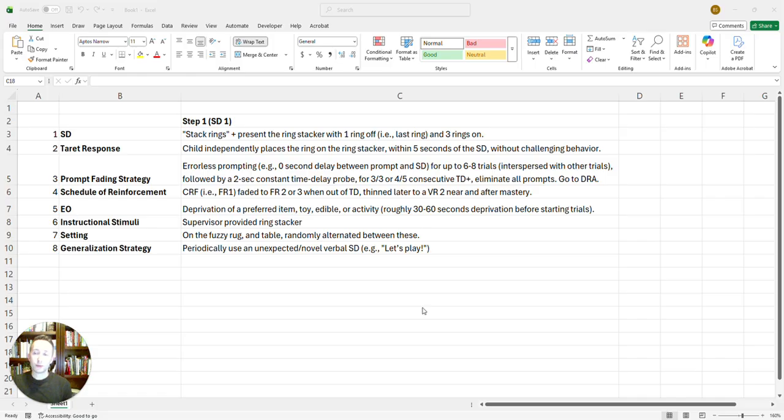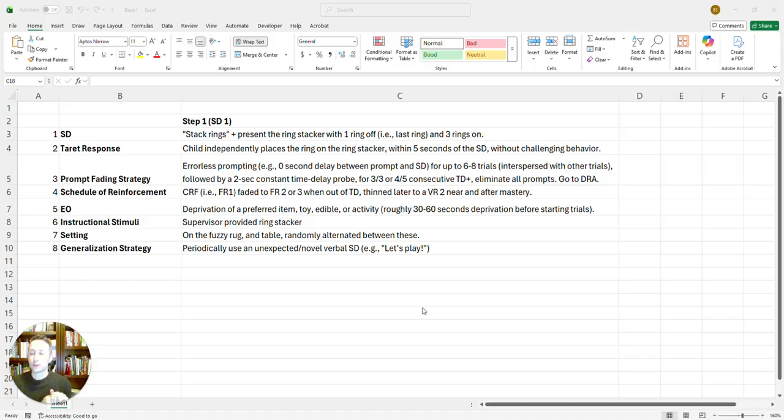So the purpose of this protocol is an engineering of the environment, with antecedents and consequences manipulated such that the target response can occur as a result of prompts and a prompt fading strategy in the presence of the currently neutral antecedent stimulus. And we're going to correlate positive reinforcement with the presence of "stack rings" plus the ring stacker with 1 ring off.